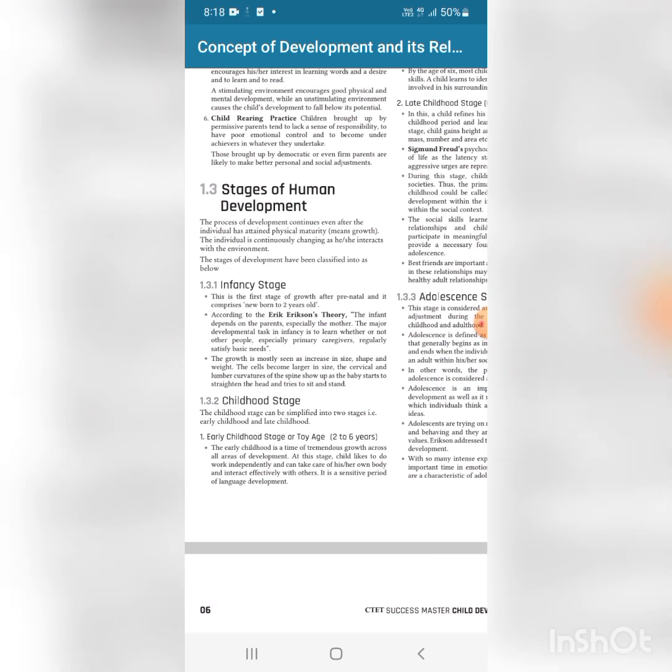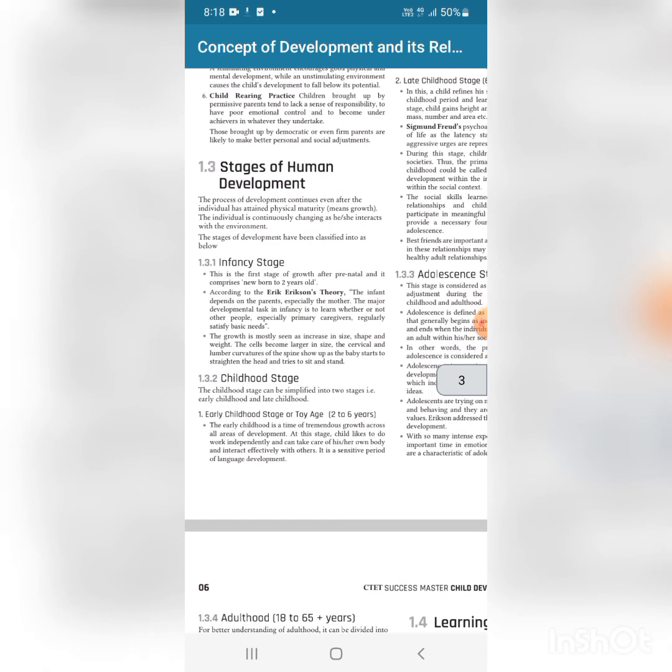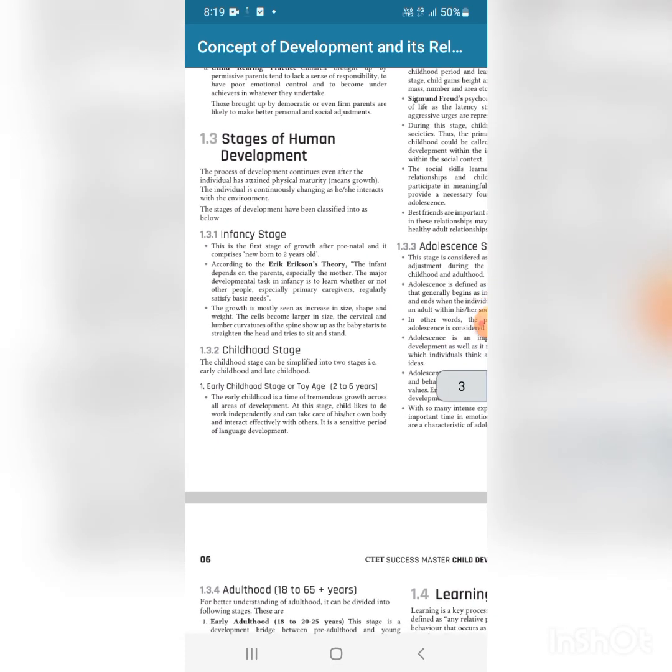The major development task in infancy is to learn whether or not other people, especially primary caregivers, regularly satisfy basic needs. The growth is mostly seen as an increase in size, shape, and weight. The cells become larger in size. The cervical and lumbar curvatures of the spine show up as the baby starts to straighten the head and tries to sit and stand.